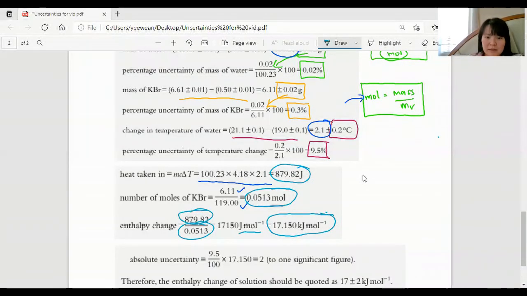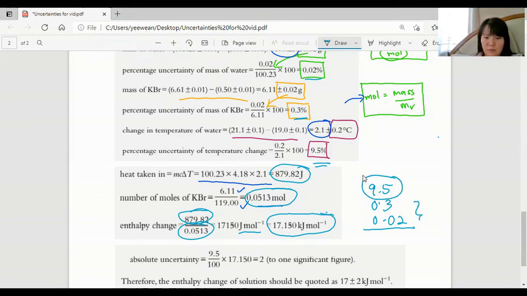Okay, the uncertainty is actually, so we have 9.5 here. And I can total up this 0.3 and 0.02. So that 0.32 is actually of little effect on the uncertainty because 9.5 is a pretty huge figure.